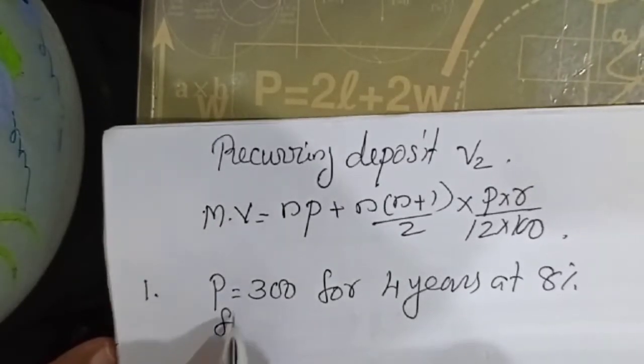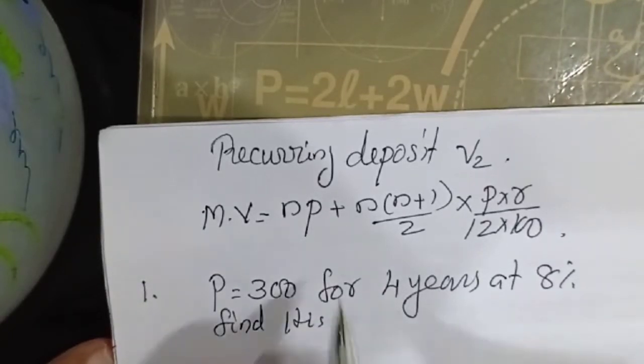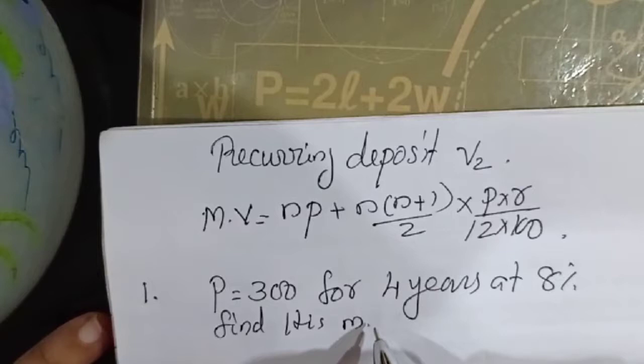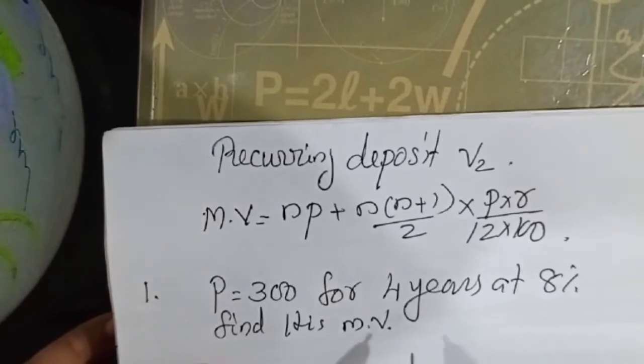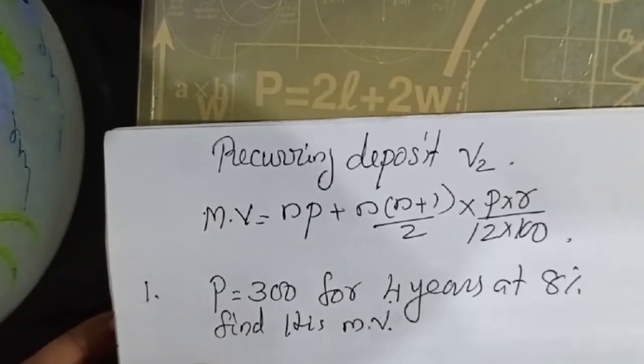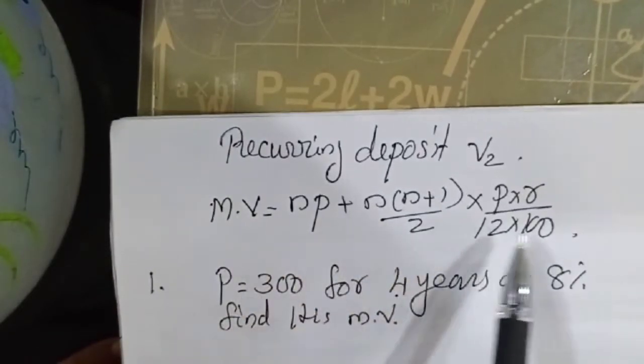Find his maturity amount. That means after 4 years, what is his maturity amount? Okay, first you copy the formula.